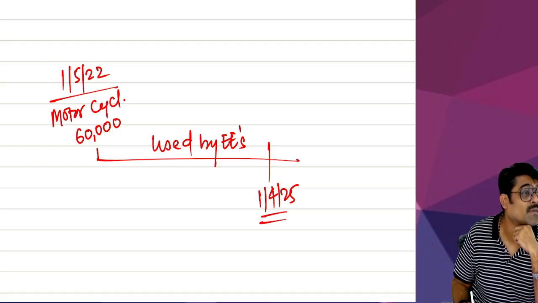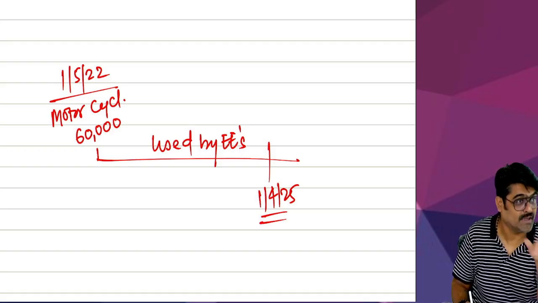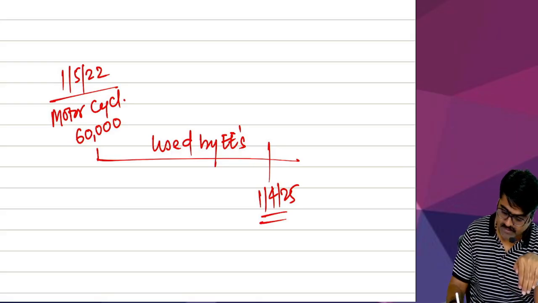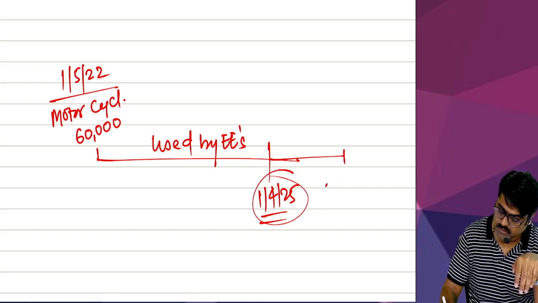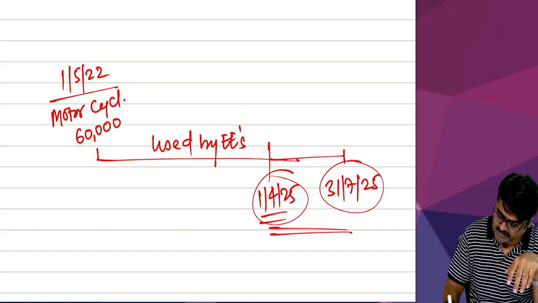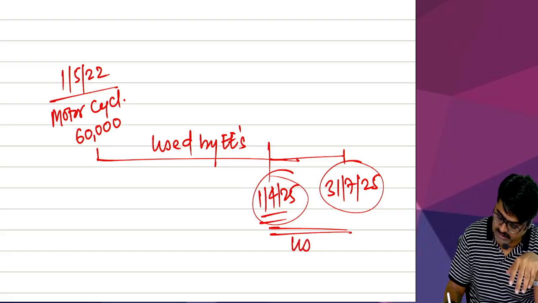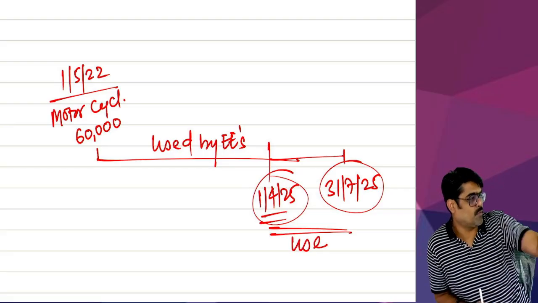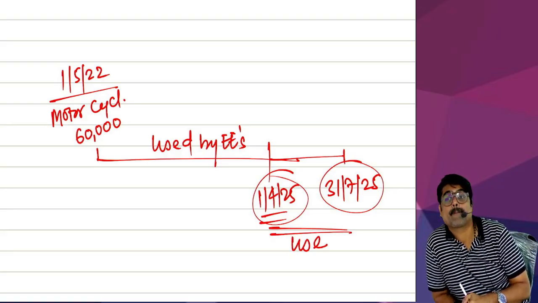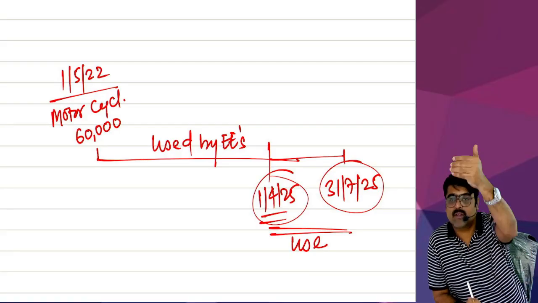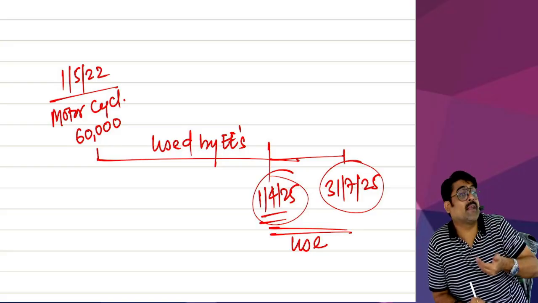And on what date is it sold? 1st of August. So can I say this year, 1st April 25 to 31st July 25, for this period the motorcycle is still in use. So for 4 months the benefit of use will arise, because since the beginning that motorcycle is with the employee.